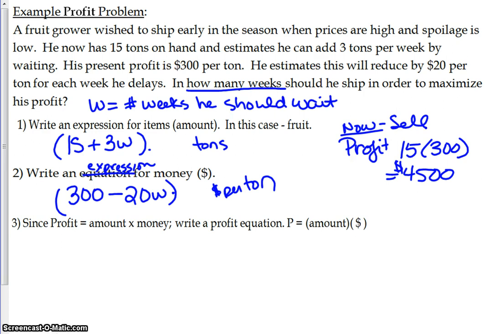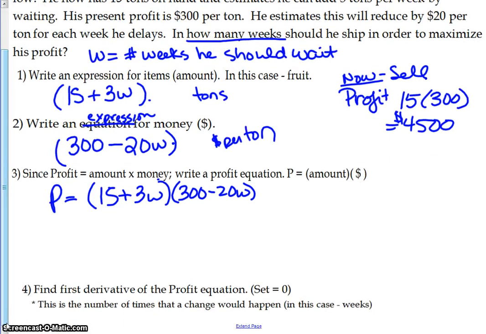Since profit is the amount times the money, we're going to write a profit formula. So our profit is going to be the amount, 15 plus 3W, times our money, 300 minus 20W, and that's what we want to maximize. Again, we're going to have to do the distributive property to see this as a function when we multiply it out.